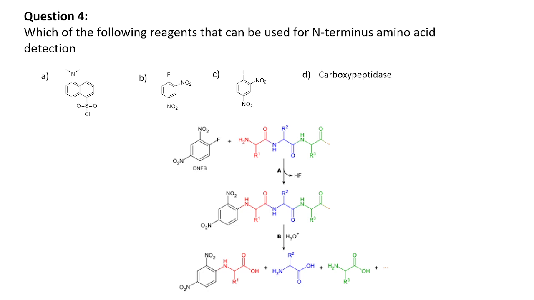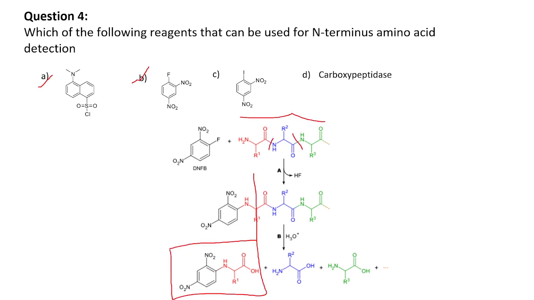So whatever amino acid was present there will be the N-terminus amino acid. So these two compounds are used for N-terminus amino acid detection. Fine. Okay, let's move to the next question.